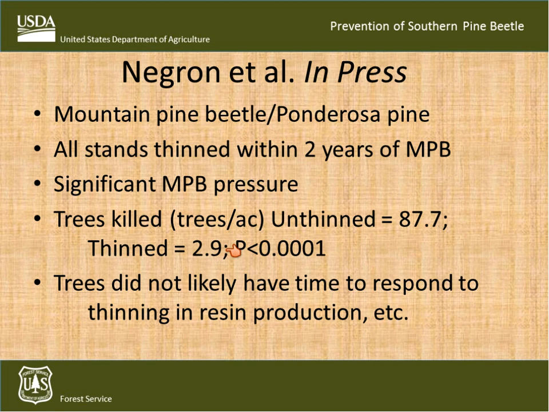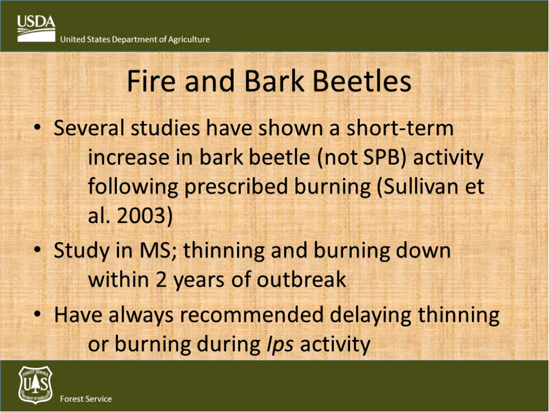So, big difference, even though the stands had been thinned fairly recently. And they concluded that the trees really didn't have time to respond to the thinning. They didn't have time to put on new foliage and be able to produce resin at a greater rate. So they really thought that the change was associated with that change in stand structure or microclimate environment.